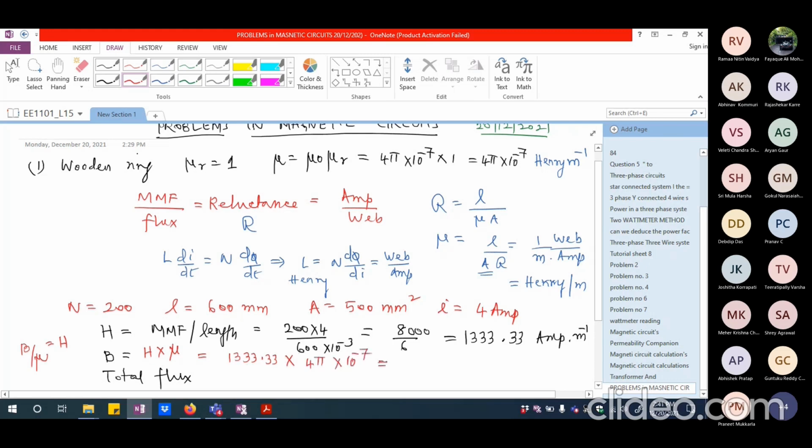This will give me the answer in Tesla, or exactly Weber per meter square. Both are one and the same, Tesla and this. So this is coming out to be 1.6755 millitesla.